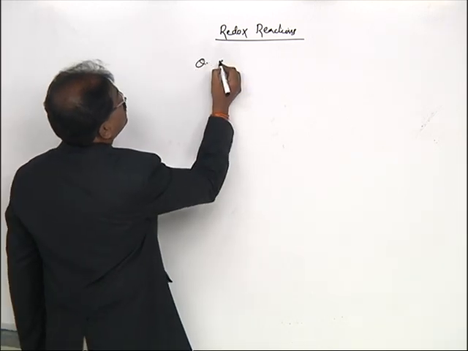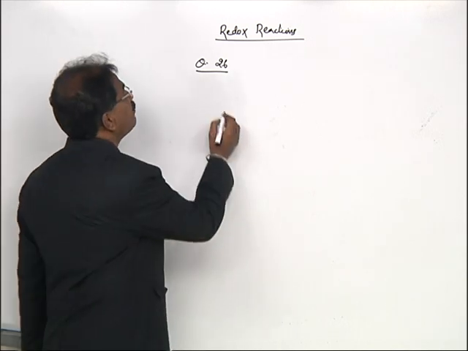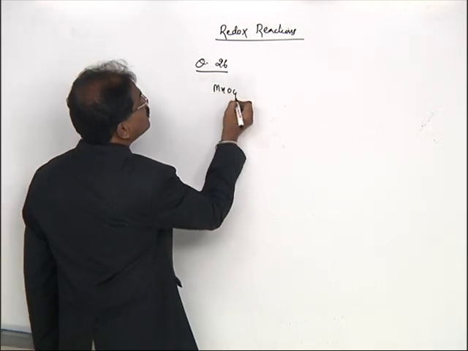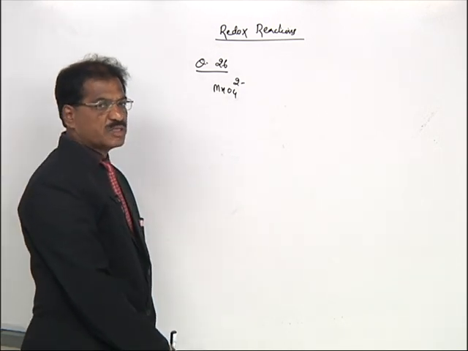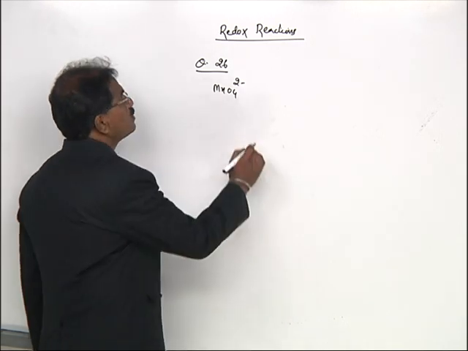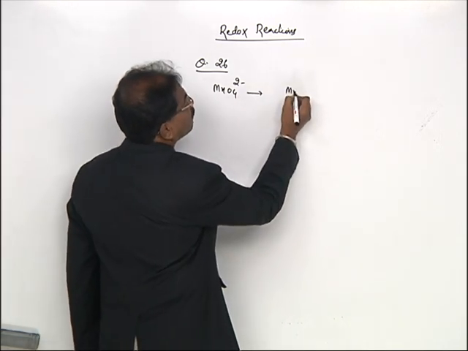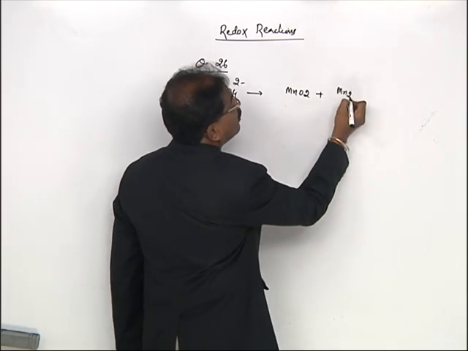Next question number 26. In this problem they have given MnO4 2 minus, it is undergoing disproportionation. When it undergoes disproportionation, the products were shown as MnO2 and Mn2O7.